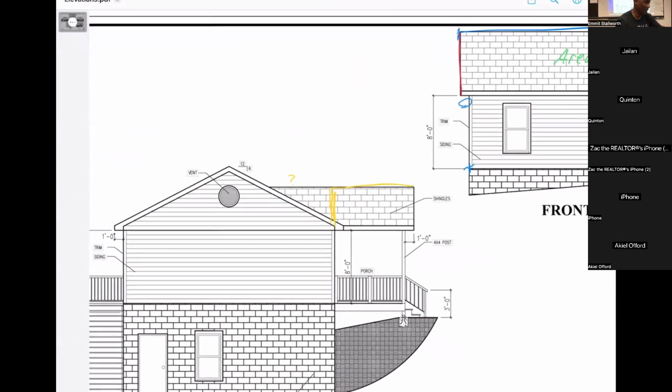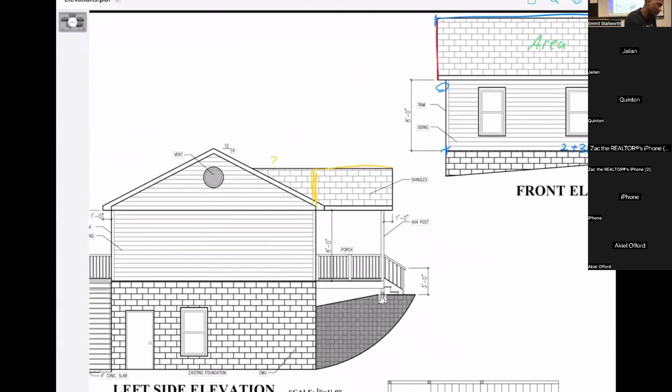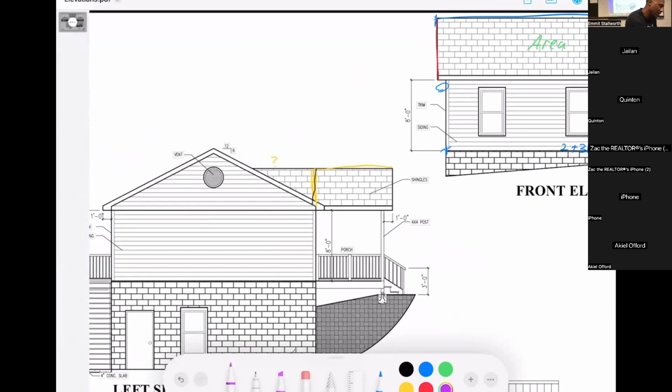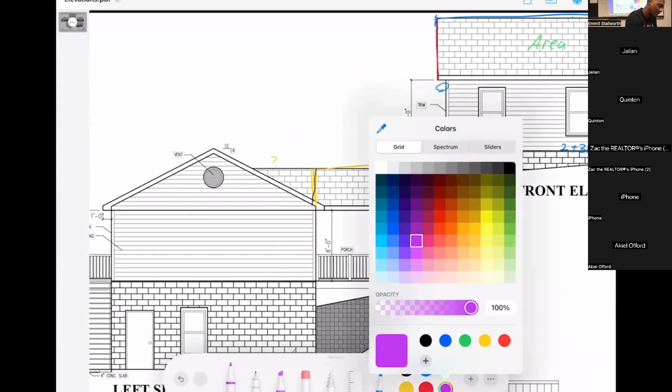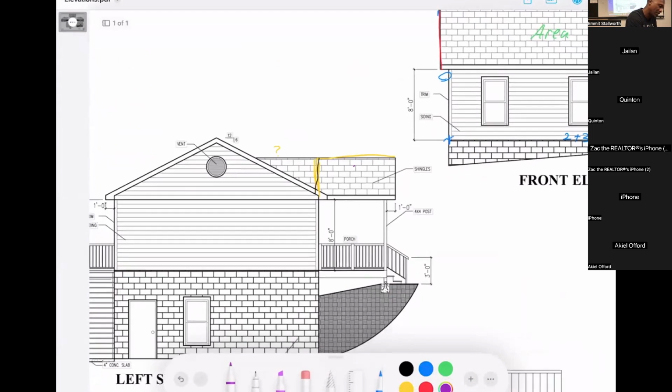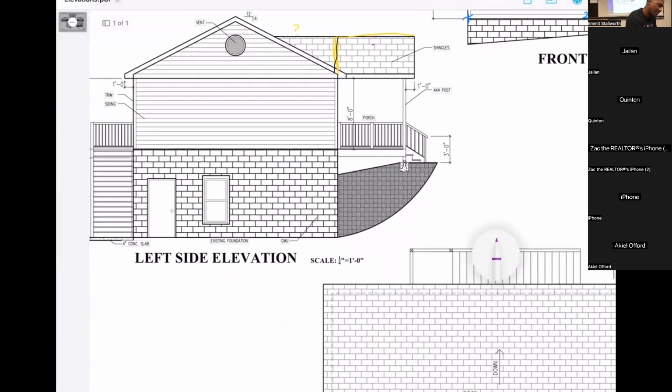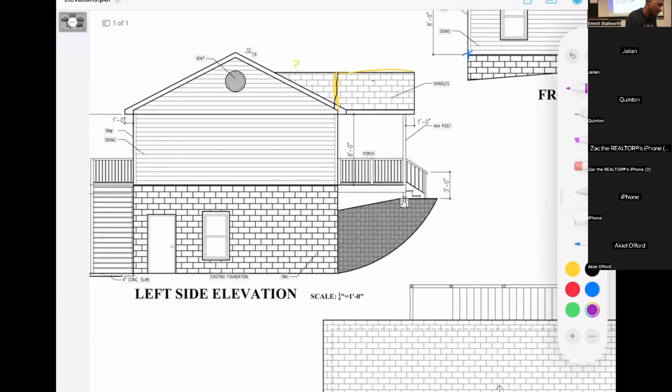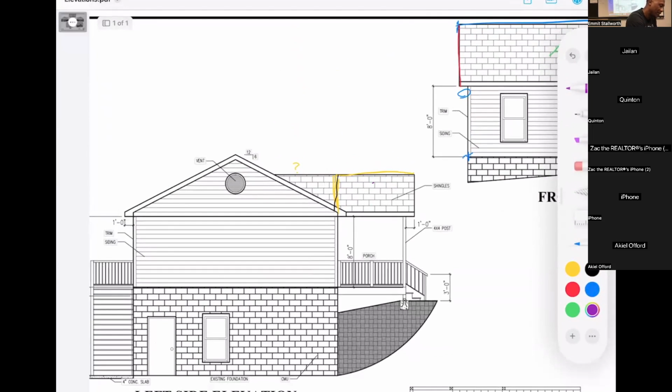All right, so here we go right here, guys. Let me move this right here. I know that from here to here, that's 8 feet, right?